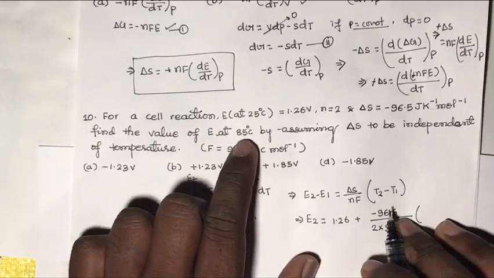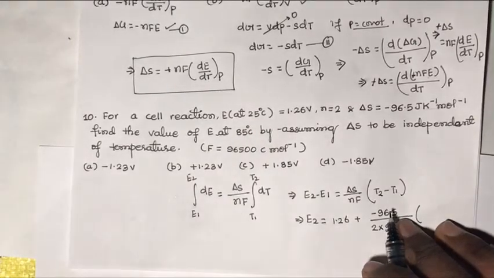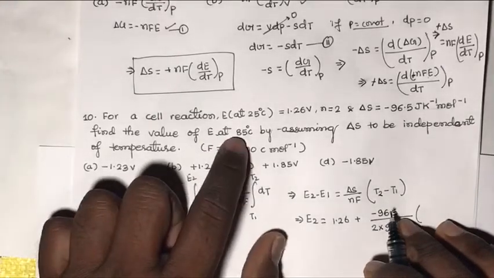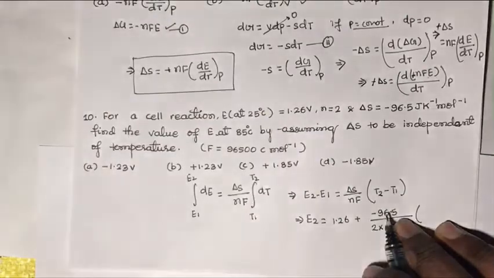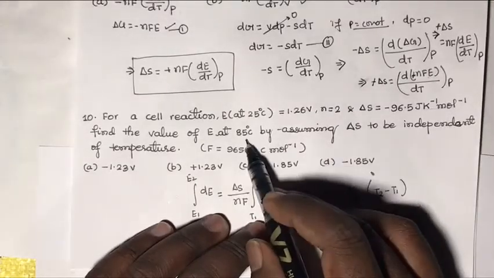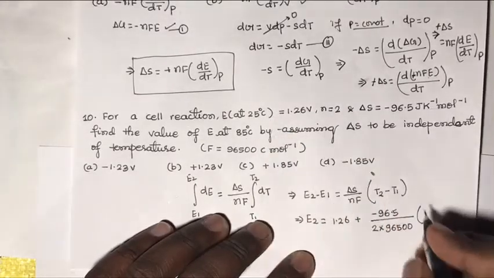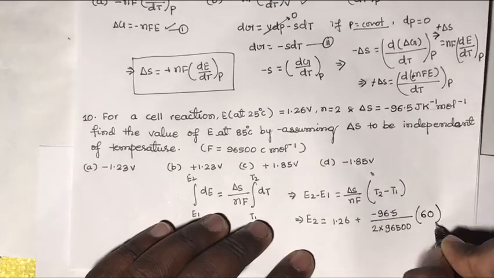The temperature is 85 degrees centigrade minus 25 degrees centigrade, and we would write this temperature in terms of Kelvin, but whether it is in degrees centigrade or in Kelvin, the difference is always the same. So basically we have to write 85 minus 25, and this difference will be equal to 60.